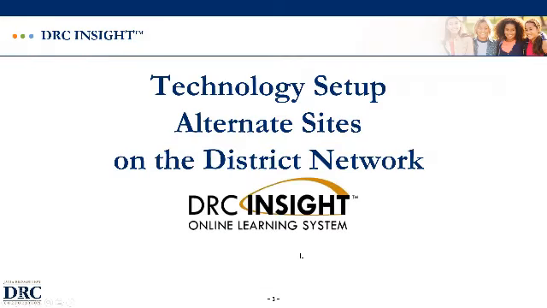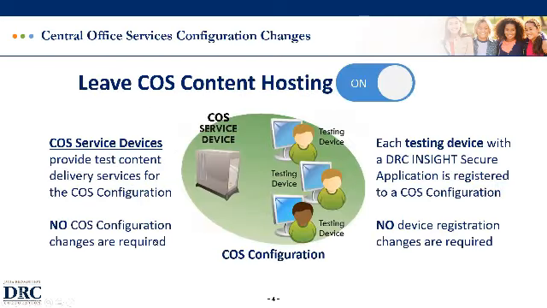For setting up technology in an alternate site that's on your network, there isn't as much you need to do from an overall change to the environment. Just to refresh everyone on the terminology I'm going to be using: the COS configurations are what tie a testing device to where it gets its content. In this case, these testing devices are in a configuration where the content is coming from a COS service device.